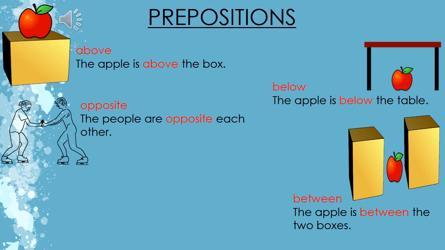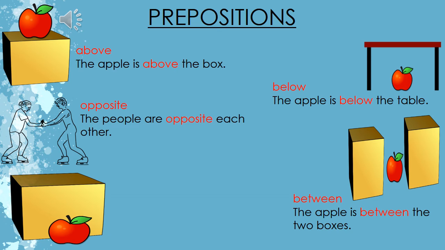The apple is between the two boxes. And the last picture. The preposition in front of. The apple is in front of the box. Remember, prepositions tell us where something is.